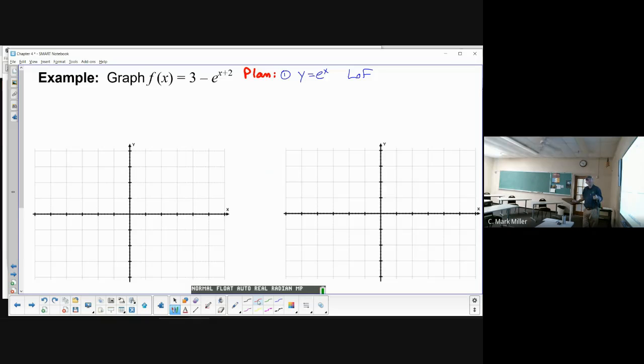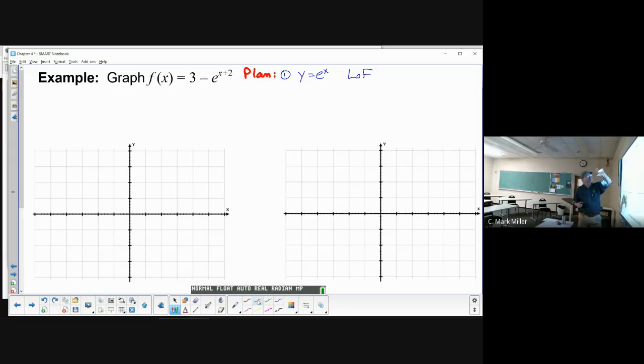We have to transform that into this. Now, my personal preference doesn't have to be yours. Let's identify this stuff here. The 3 is going to be what kind of transformation? If it were multiplied, it would be a stretch or compression. But if it's added, it's vertical up. Right.